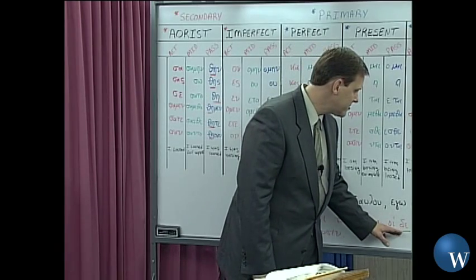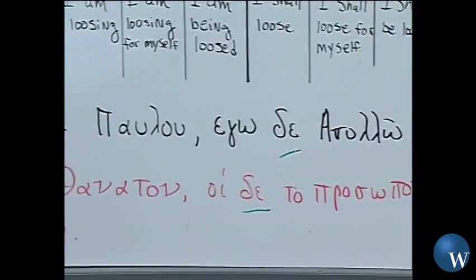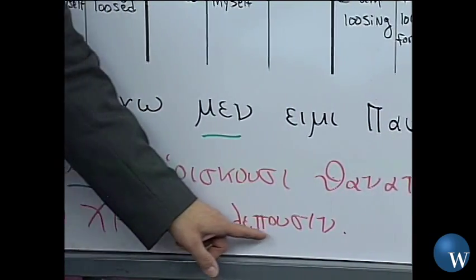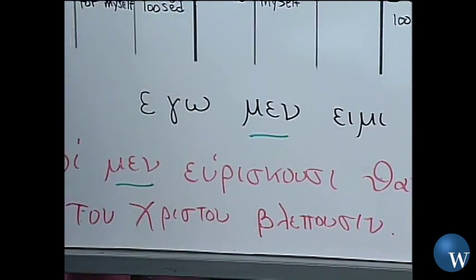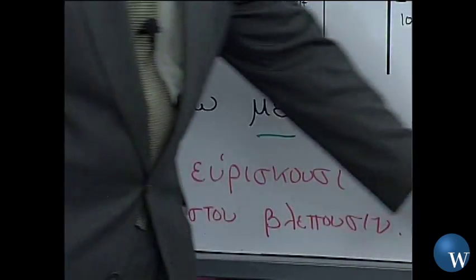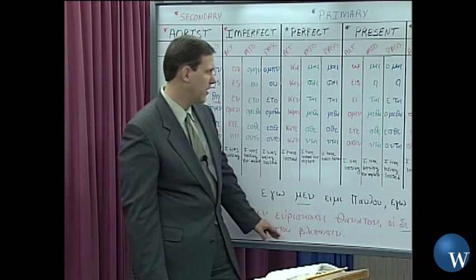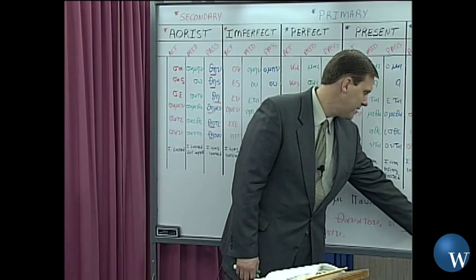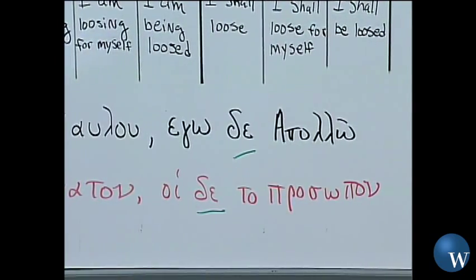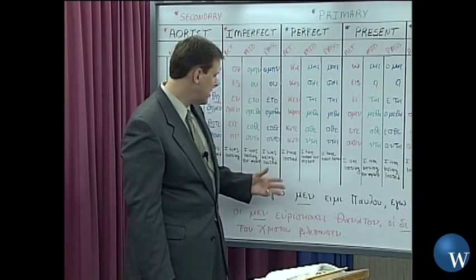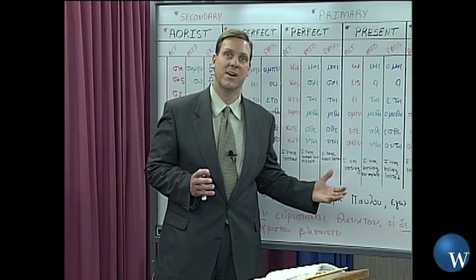But others, ta prosopon tu Christu blepusin, here is our verb, third person plural, they see. What are they seeing? They're seeing the face of Christ. Prosopon, accusative, the face, genitive of Christ. So, some find death, but others see the face of Christ.